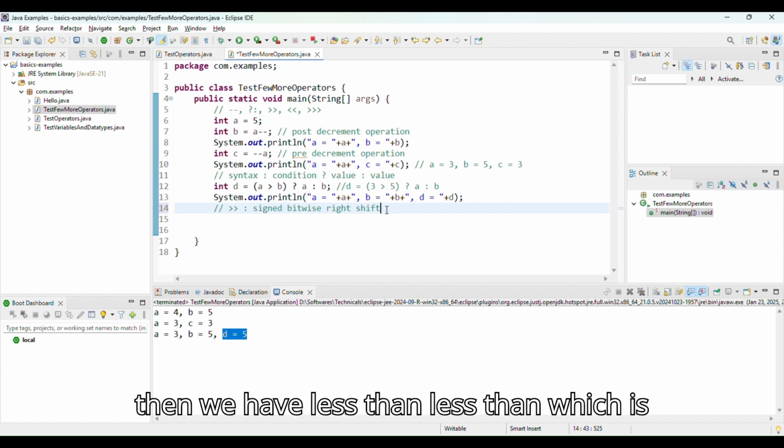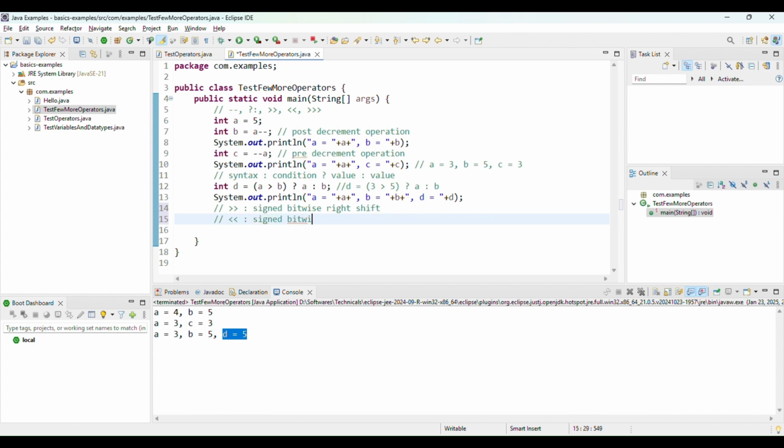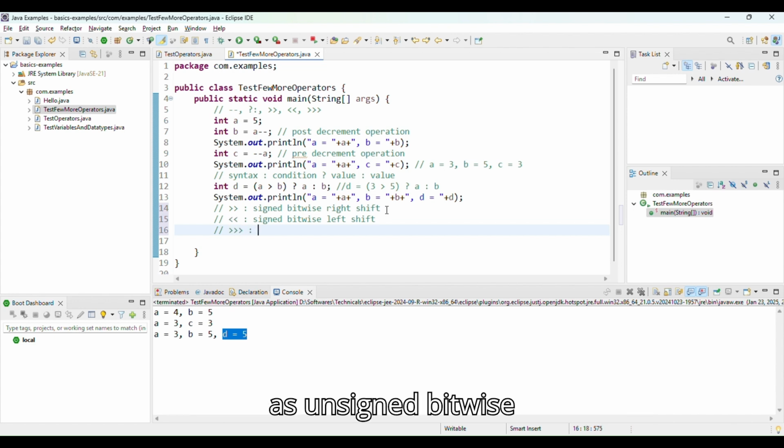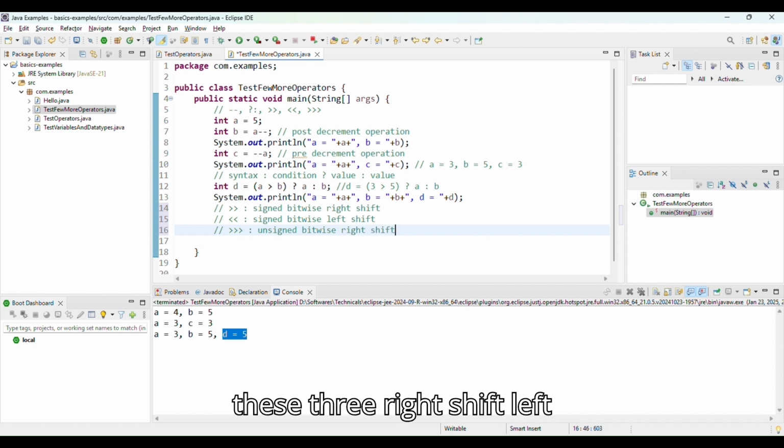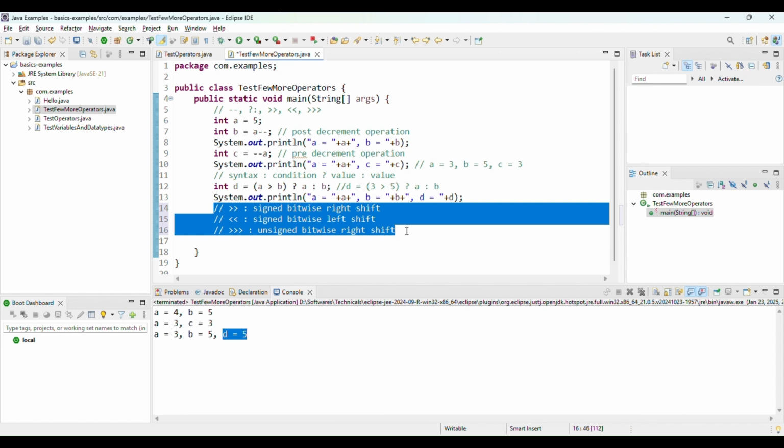Then we have less than less than, which is also called signed bitwise left shift, correct? Then three greater than symbols, which is called unsigned bitwise right shift. So there are these three: right shift, left shift, and unsigned right shift operators.